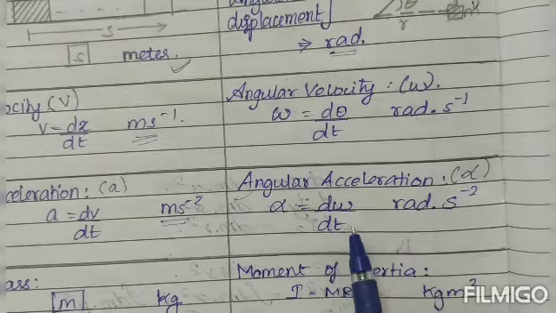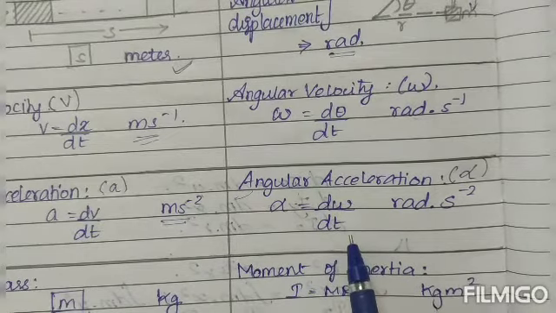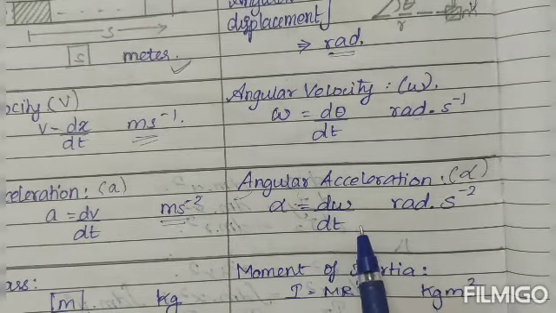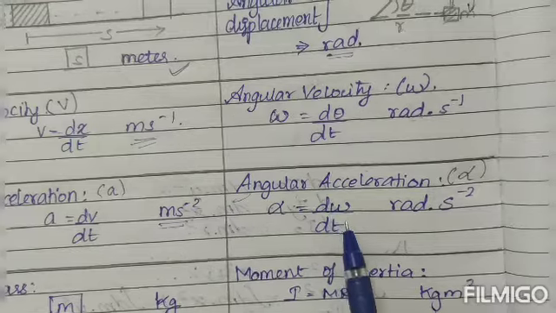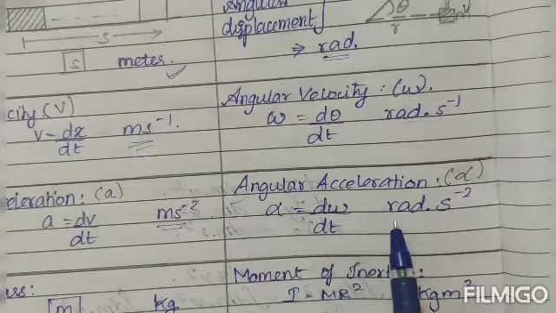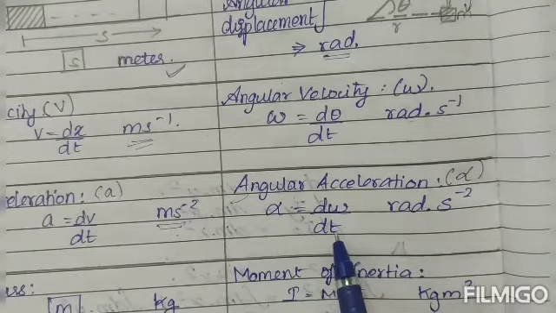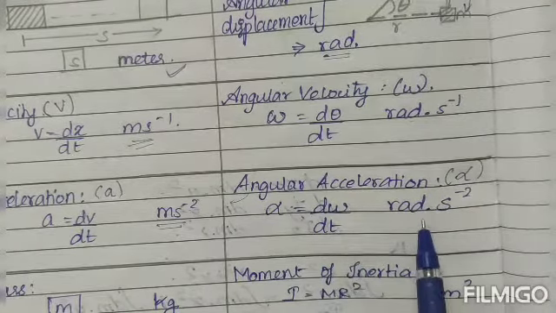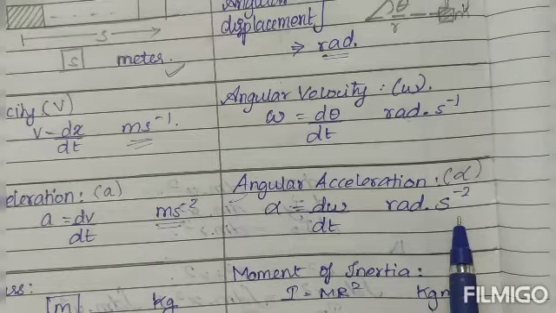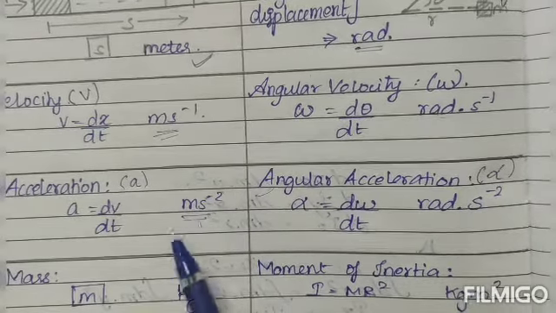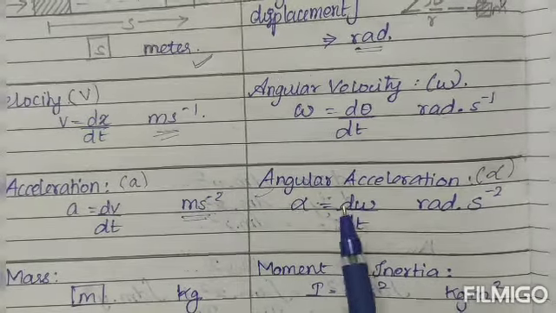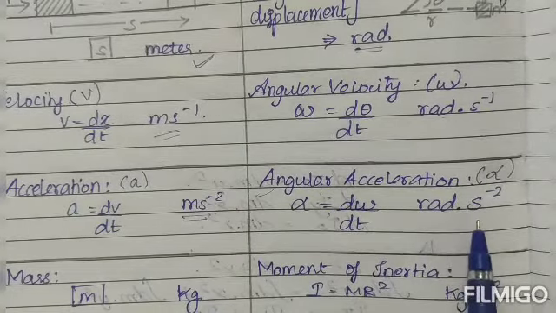That is d omega divided by dt. The d omega unit is radian per second, and dt is divided by second, so radian per second square. Normal acceleration is meter per second square, but angular acceleration is radian per second square.